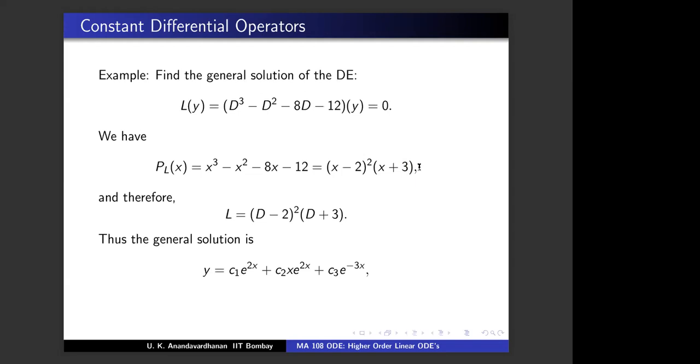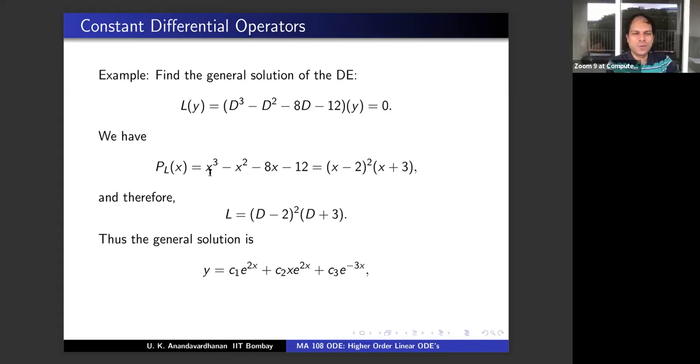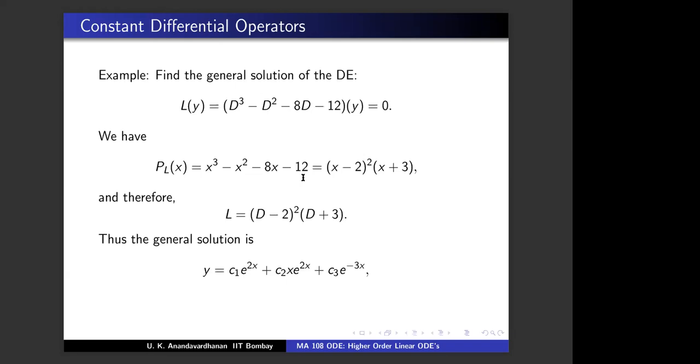Is 2 a root? 2 is not a root, right? It should be minus 2, and plus 12. 2 cube is 8, 8 minus 4 is 4, and 2 is not a root. Is minus 2 a root? Minus 2 cube is minus 8, minus 8 minus 4 is minus 12, minus 12 minus 12 is minus 24. I guess it should be plus 12.